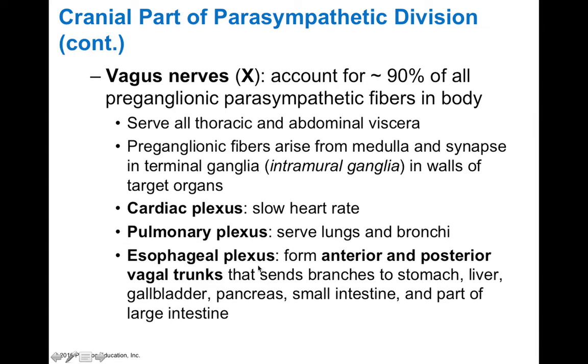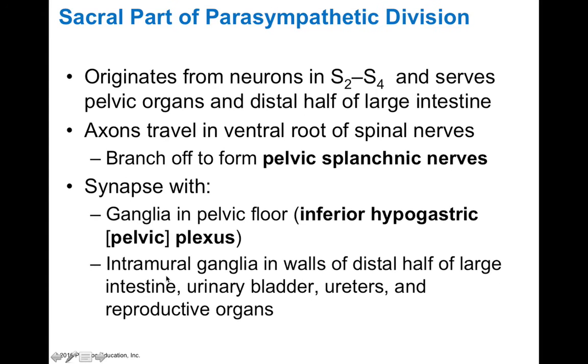And we have the esophageal plexus, which has anterior and posterior vagal trunks that then go to the stomach, liver, gallbladder, pancreas, small intestine, and the proximal 2/3 of your large intestine. And again, this is going to control the digestive functions that your parasympathetic nervous system is used for.